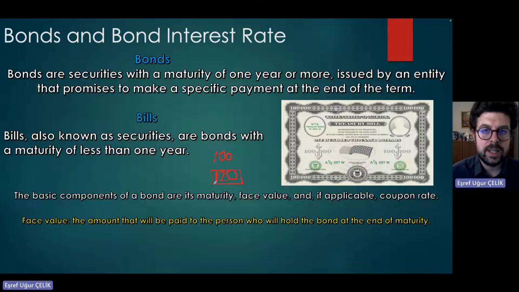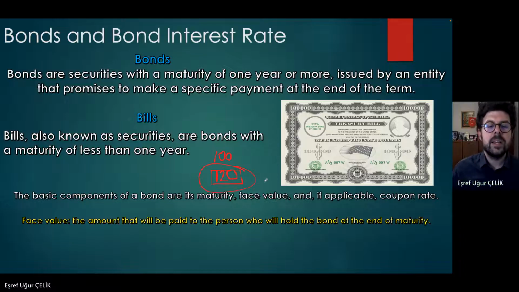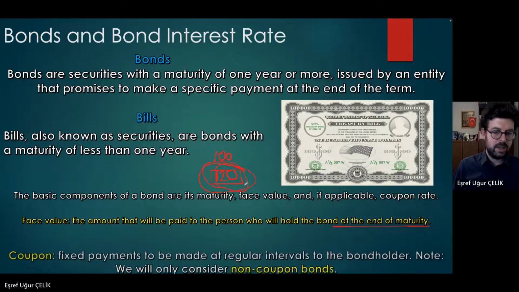When 1 year passes, you give that bill or bond and you get 120. That amount is called face value, okay? At the end of maturity, the amount we will take is called face value.